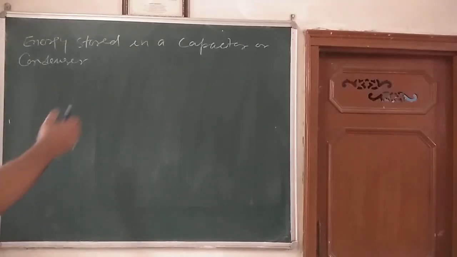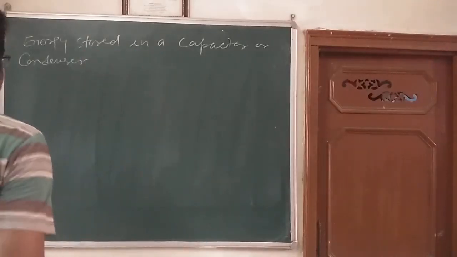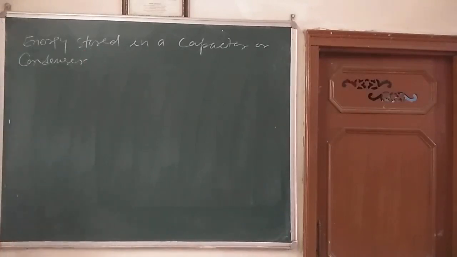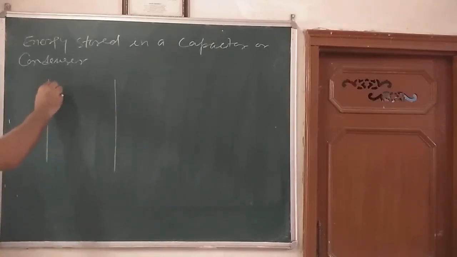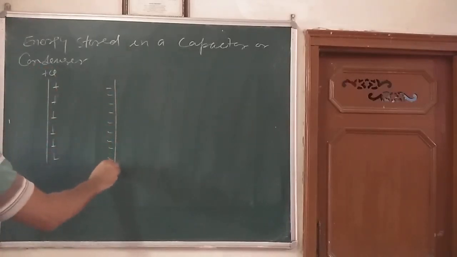Now we start another part, that is energy stored in a capacitor or condenser. For that I am taking here a capacitor, say here is a plus Q charge, here is a minus Q charge.